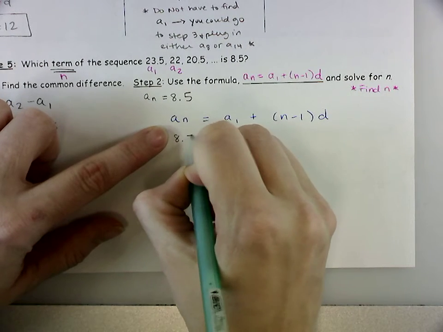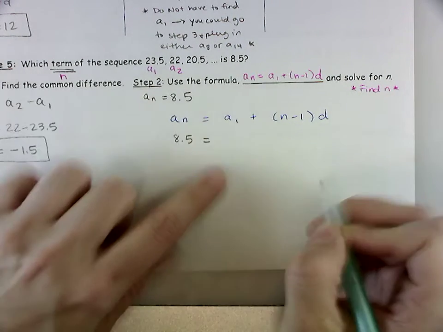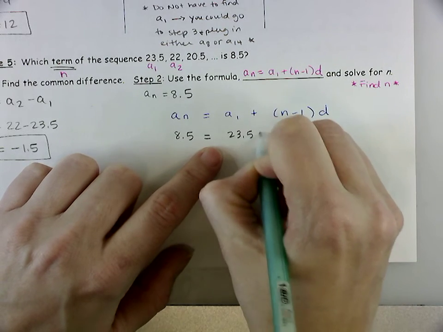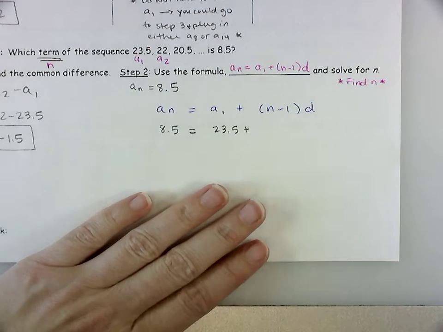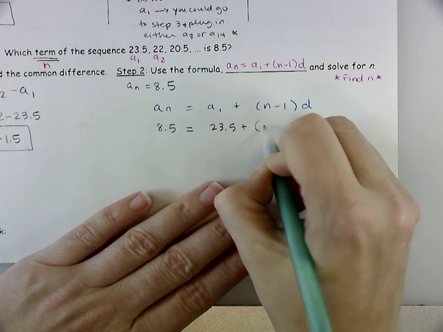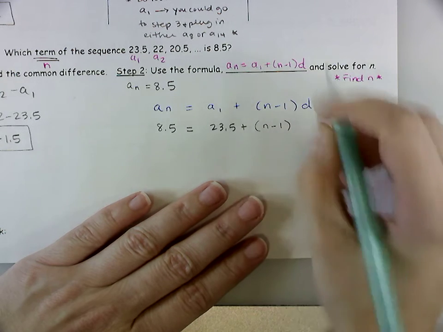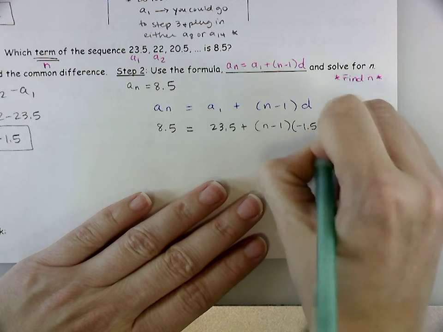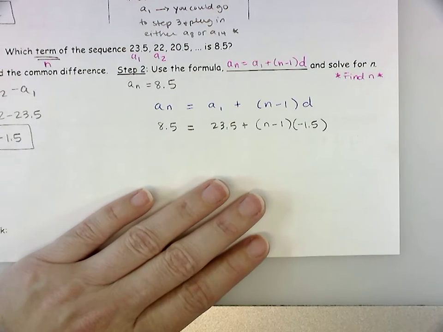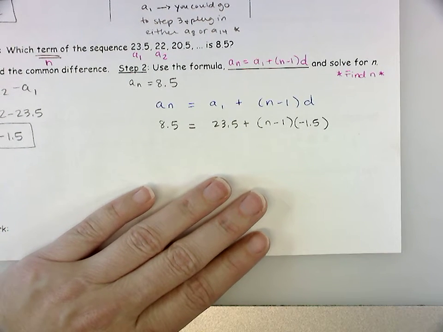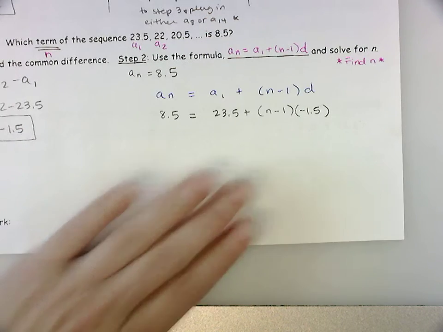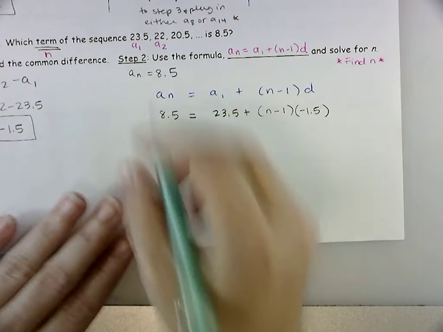My a sub n is 8.5. My a sub 1 is 23.5. So what am I plugging in for n? Nothing. Trick question, right? Why am I not plugging anything in for n? Because you're solving for n. So we're going to solve this equation for n.